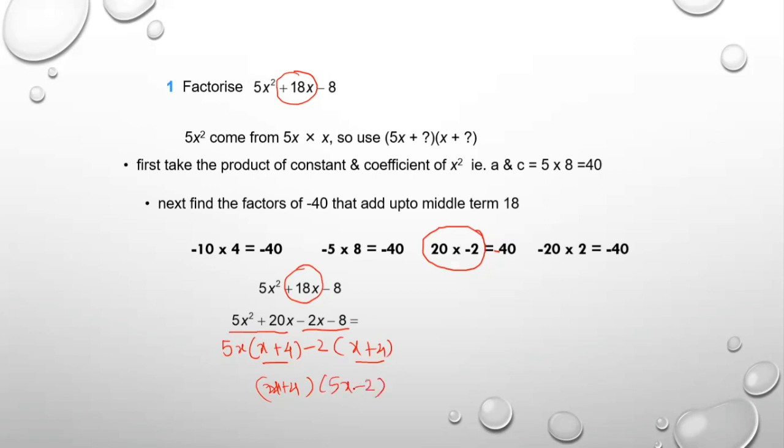So this is how the factors are x plus 4 into 5x minus 2. As I told you earlier, children, always the first term will be 5x and x, definitely, because this 5x square is nothing but 5x into x. So this is a tip that you have to remember. So this is how we factorize, and we get the factors of 5x square plus 18x minus 8 as 5x minus 2 and x plus 4.